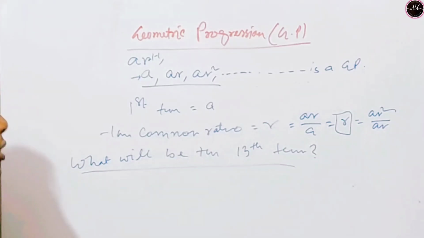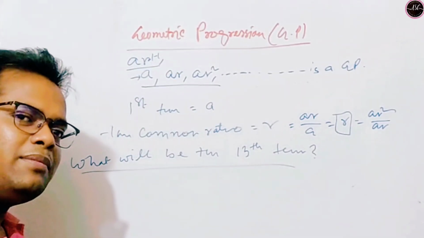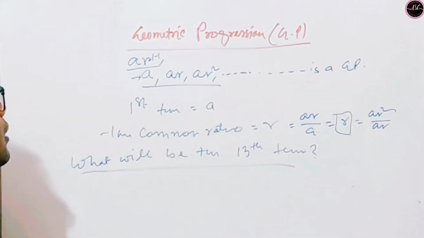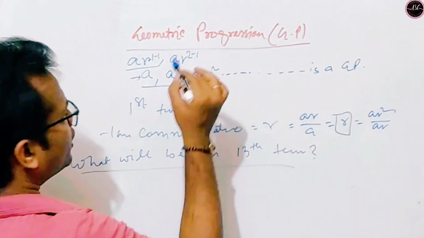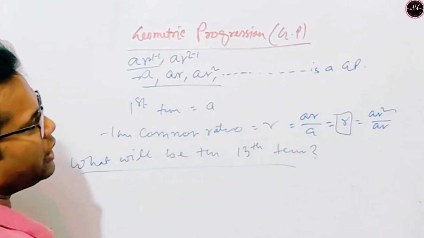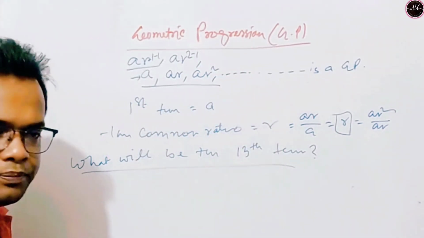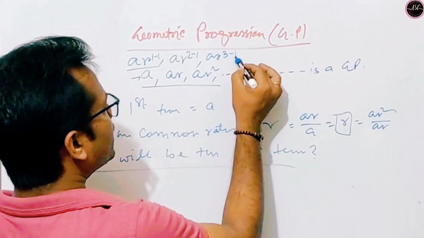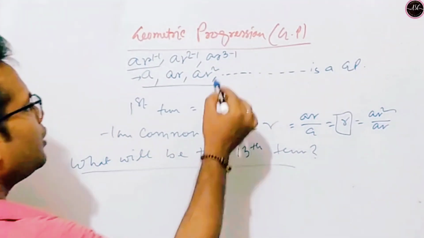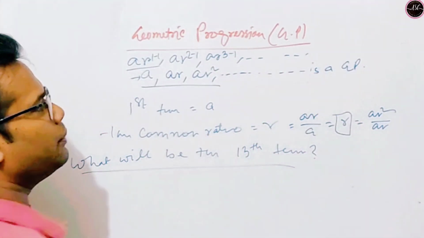Can we write? Yes, as r to the power 1 minus 1 is equal to r to the power 0, that means 1. So that will be a. This ar can be written as a r to the power 2 minus 1, that means r to the power 1. So that will be ar, and a r square can be written as a r to the power 3 minus 1. Okay, so up to infinity.